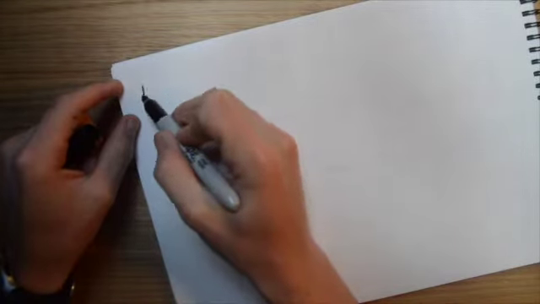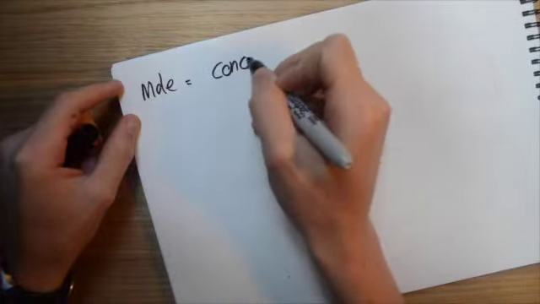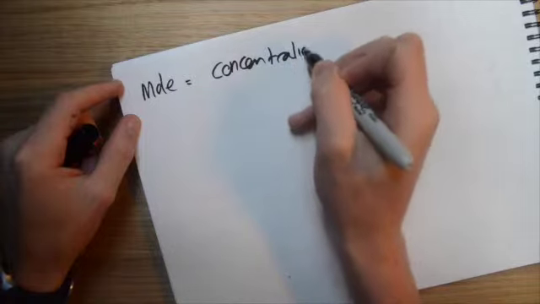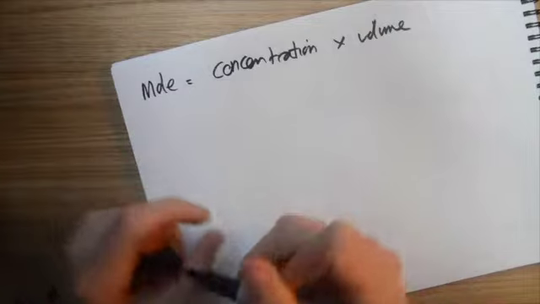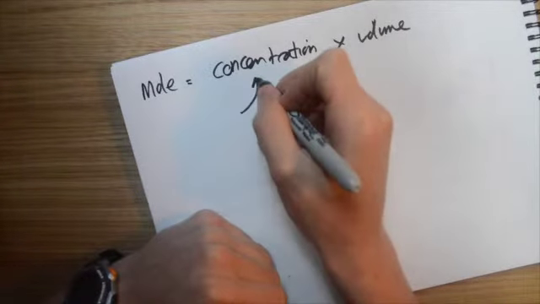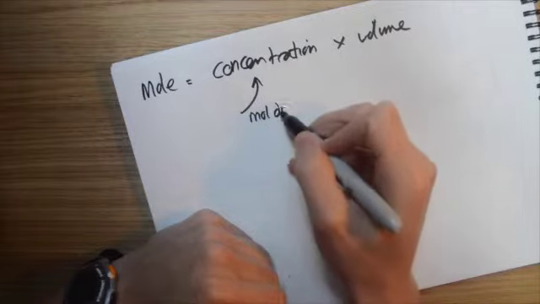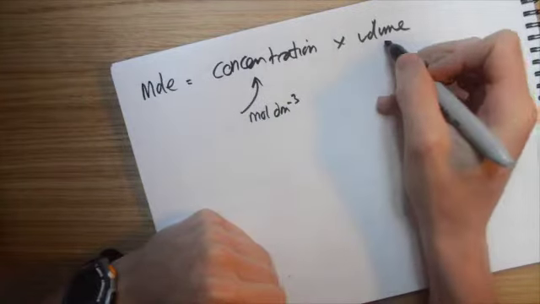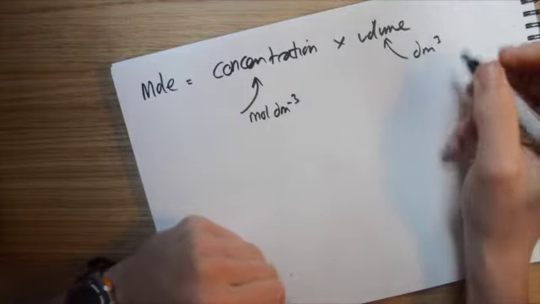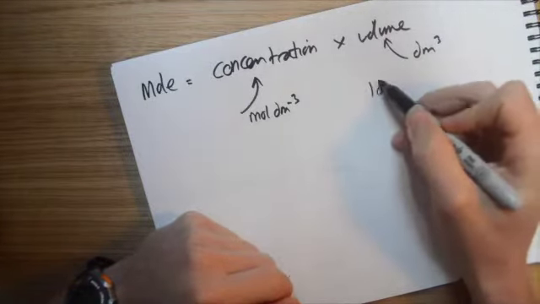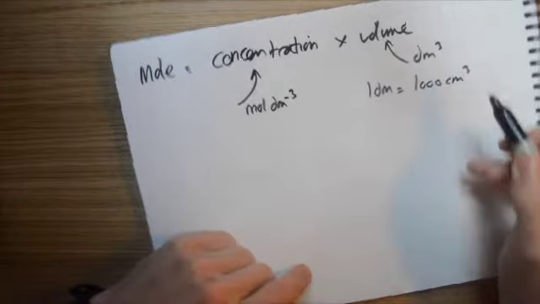If it's a liquid, moles equals concentration times volume. The concentration always has the units moles per decimeter cubed, and volume is always in decimeters cubed. If you don't know what a decimeter cubed is, 1 decimeter cubed equals 1,000 centimeters cubed.